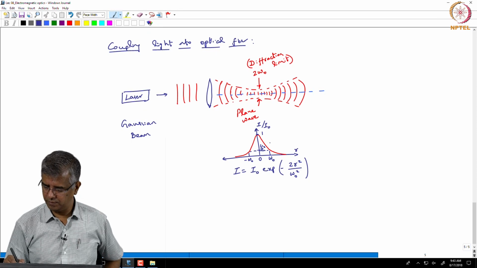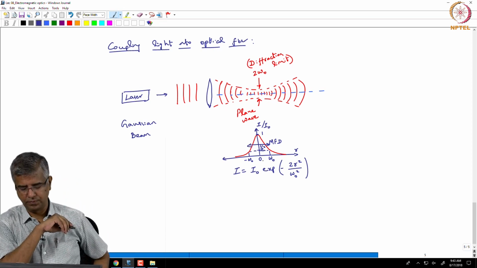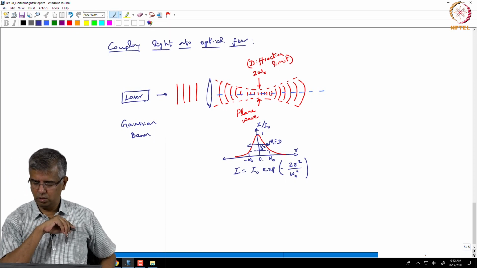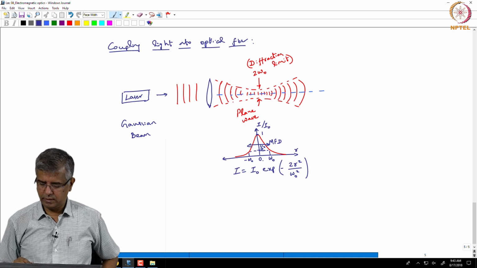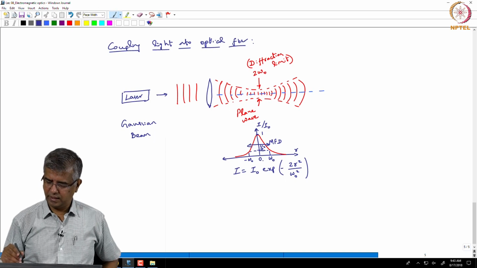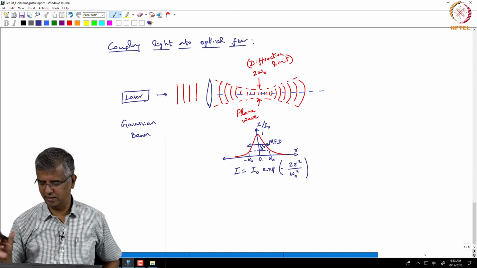So this diameter here would correspond to the mode field diameter.